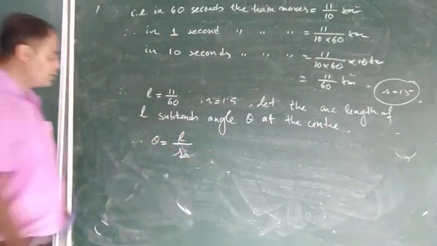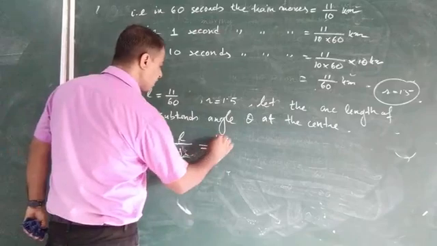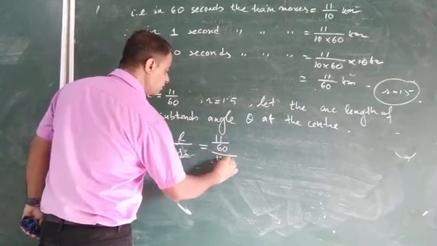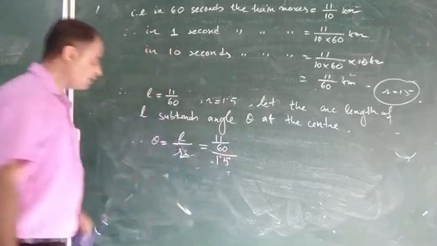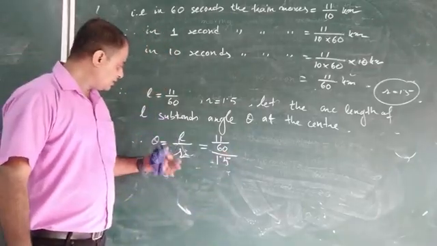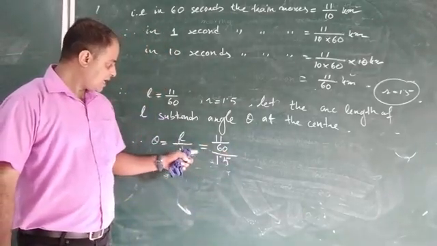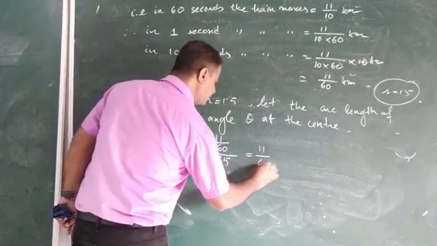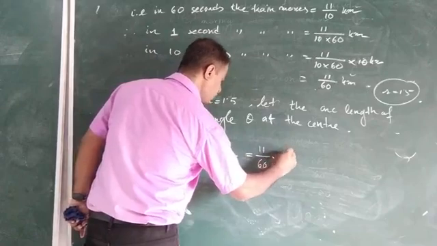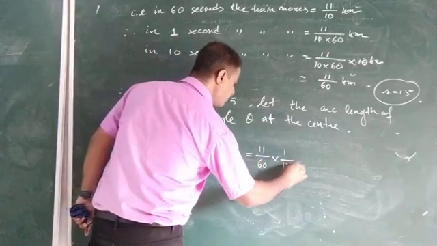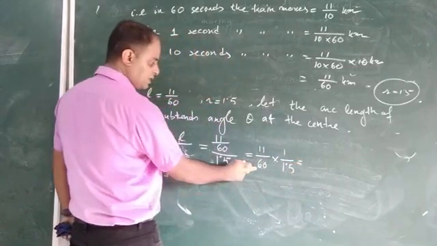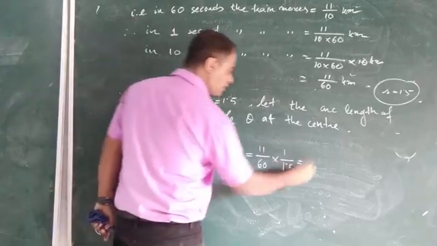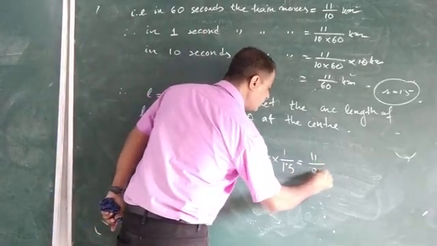So L is 11 by 60 and r is 1.5, which is 11 by 60 into 1 by 1.5. 15 6s are 90, that means this is 900. For a decimal place, it should be 90.